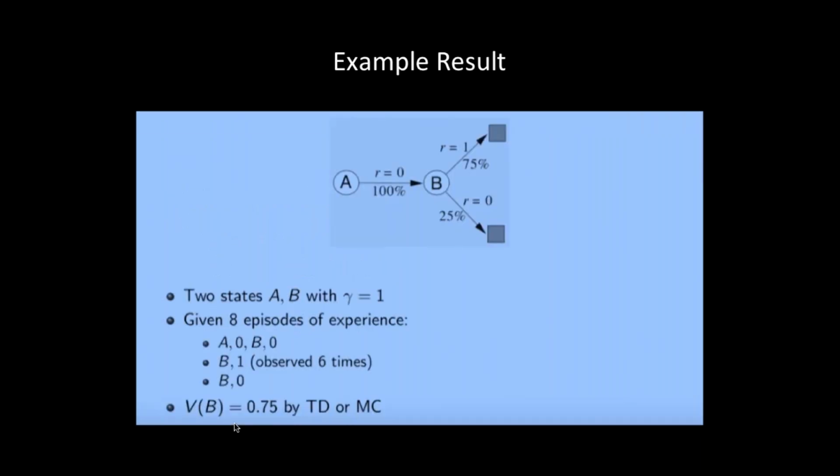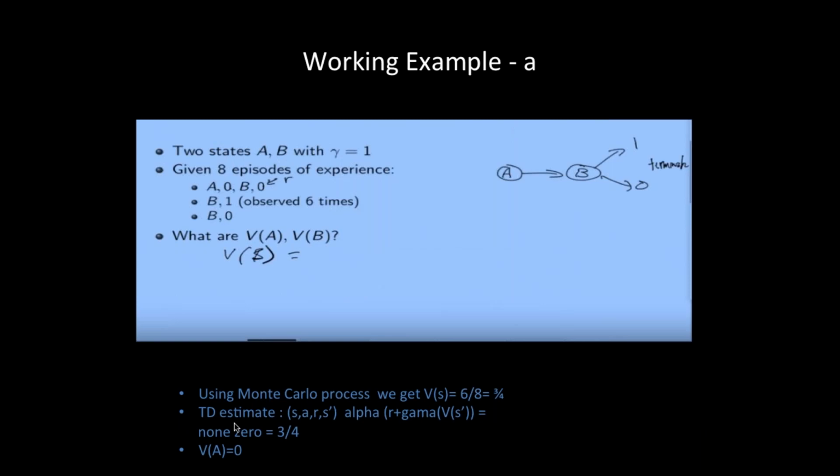So here, 2 states A and B are there. Let me give you the working of it. Using the Monte Carlo process, we get V of B equal to 6 by 8, right? In Monte Carlo you have episodes, so in 6 episodes, B is 1 out of 8. For A, there is only 1.